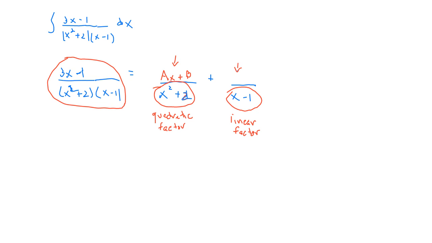Above the linear factor, we're going to put a constant, c. A constant is 1 degree less than a linear factor. The linear factor has degree 1, right? Well, a constant has degree 0. So that's a good rule to remember when you do your partial fraction expansion.